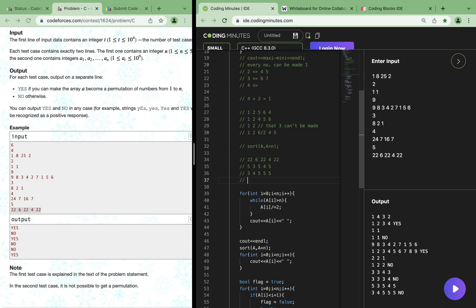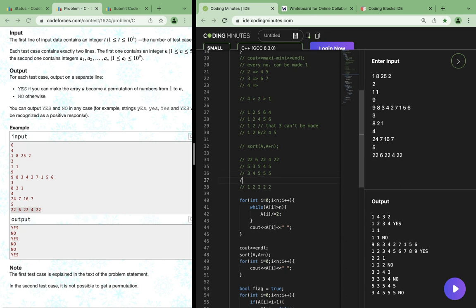And as we go on to see, 3 when divided by 2 can be made 1, right? And 4 when divided by 2 can be made 2. 3 when divided by 2, okay, 5 2 2 2. So this is definitely wrong. So this approach also fails. So now what do we do?